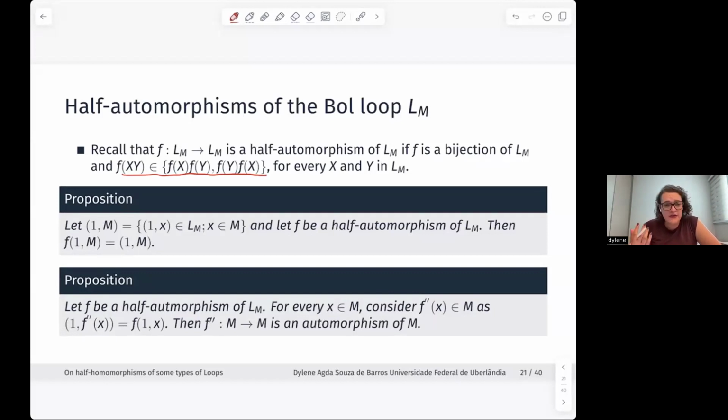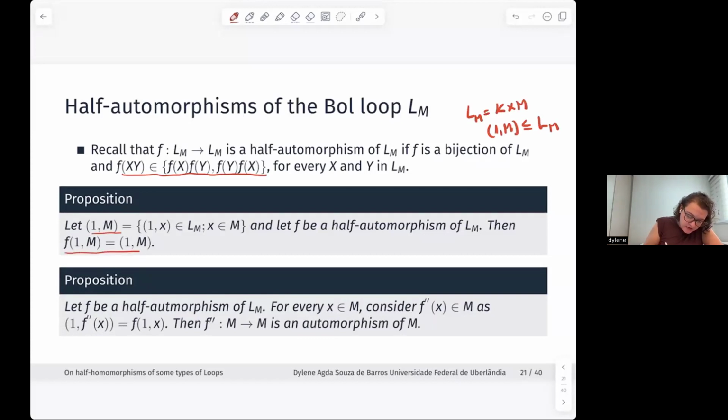The first thing that we saw is that L_M is K times M, so 1 times M is a subloop of L_M.